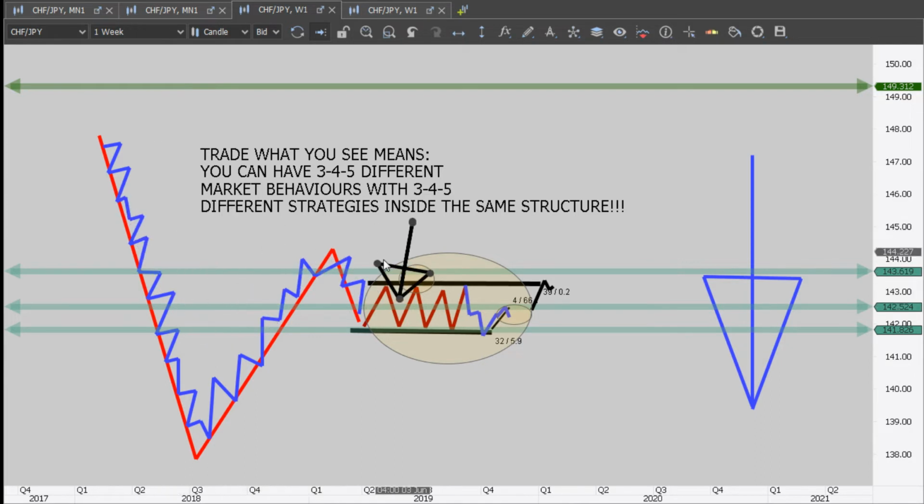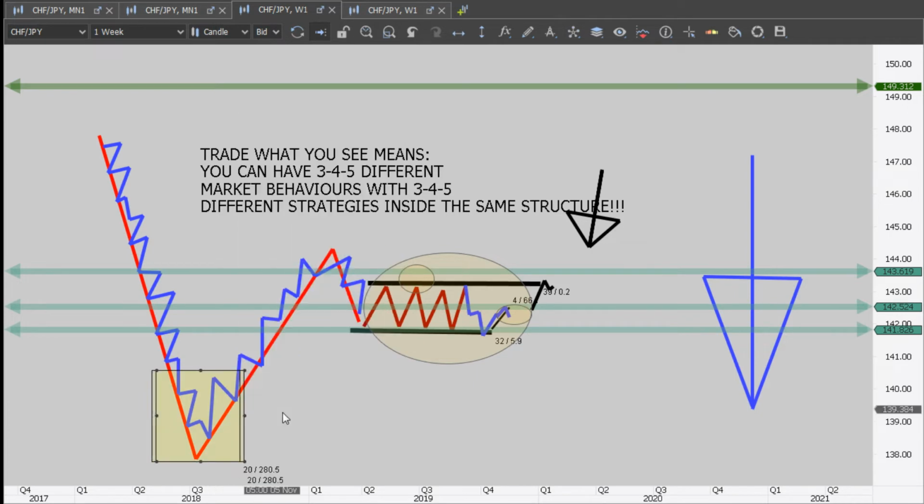For different market behavior you need to use a different strategy. You are going to use a different strategy on a downtrend, a different strategy on an uptrend, and a different strategy in the sideways movement. And this is going to be double, because you are going to use a different strategy for the uptrend and the downtrend, depending on where you find yourself trading.